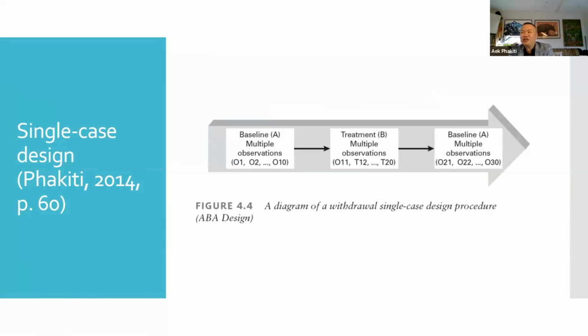Another one that's quite interesting in experiment, we call it single case design. Don't get confused with case study. Okay. In some way, it's a case study of quantitative research, I guess. It's like a case study, really. It's a single case design.